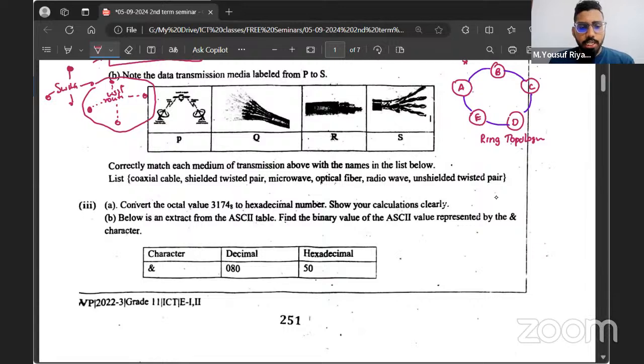Right. So here they have given you certain diagrams. The first one is regarding satellite. The second diagram looks like, the third diagram looks like fiber optics. This looks like shielded twisted pair.